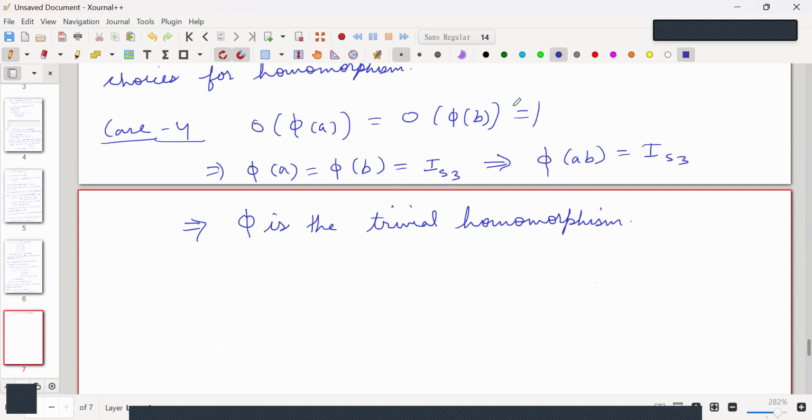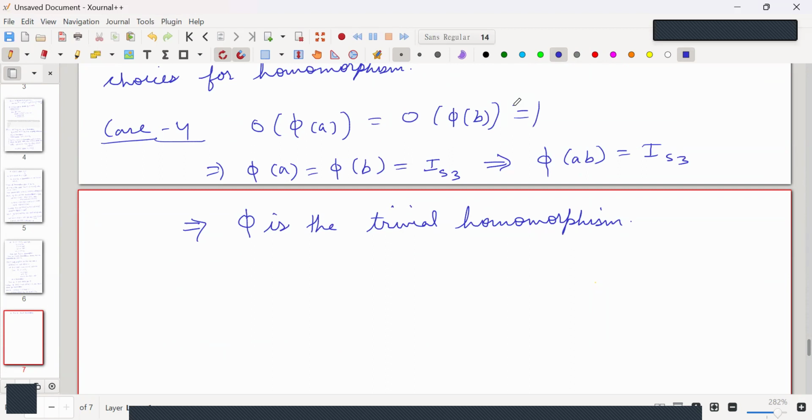I thought if I mapped some non-identity element to some non-identity element, I could map the rest of them to the identity. But here, I've seen the case. If one non-identity element is mapped to some two-cycle, then some other non-identity element must also be mapped to some two-cycle and not the identity.